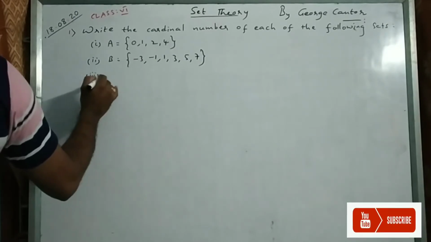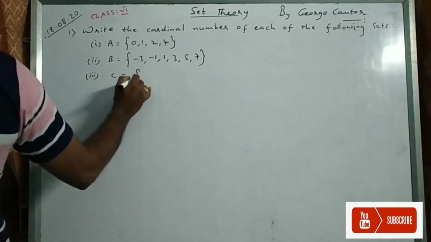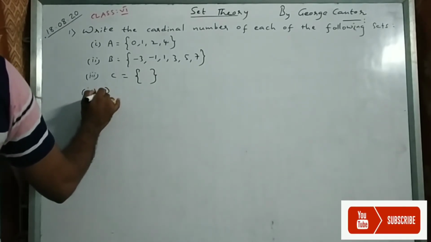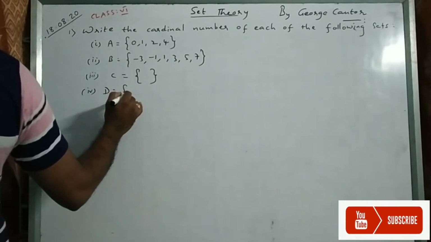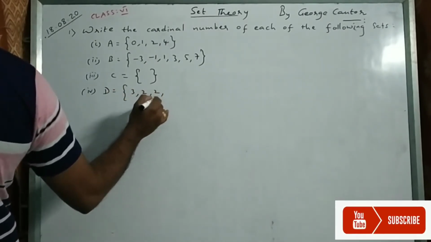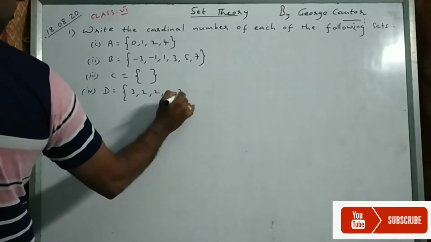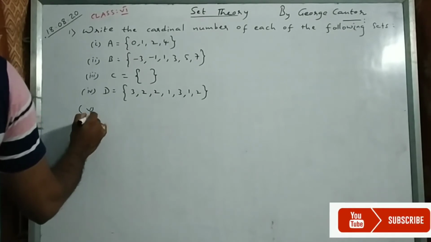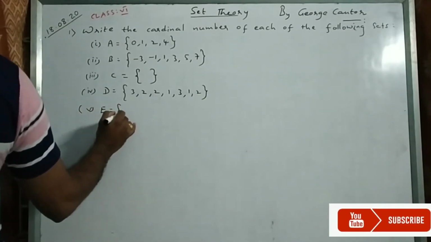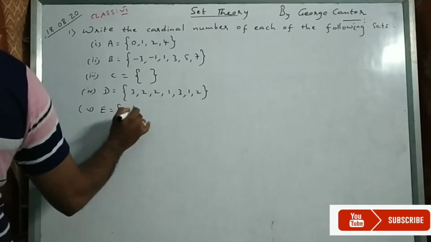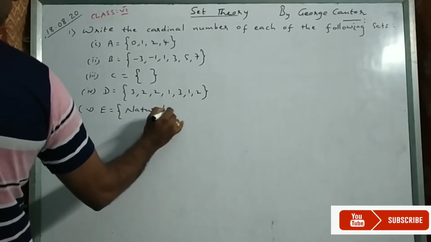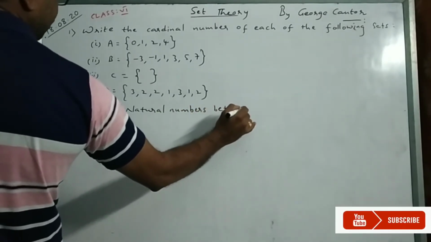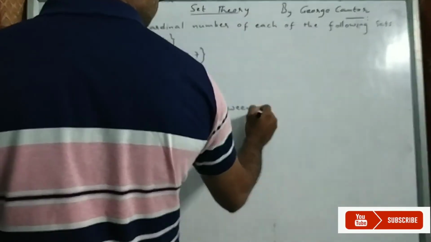Third, C equal to null set. Just now I told you. D equal to {3, 3, 2, 2, 2, 1, 1}. E equal to natural numbers between 15 and 20.